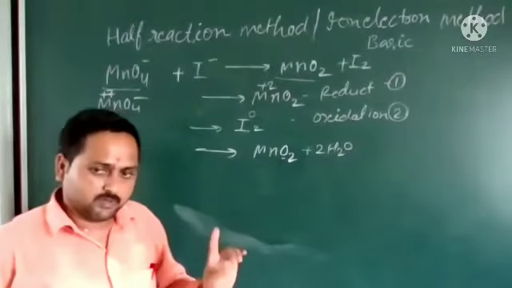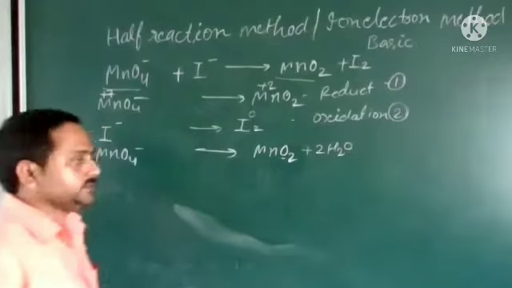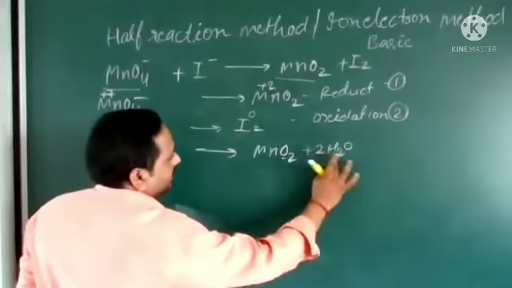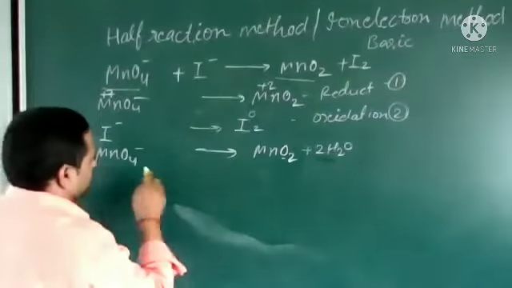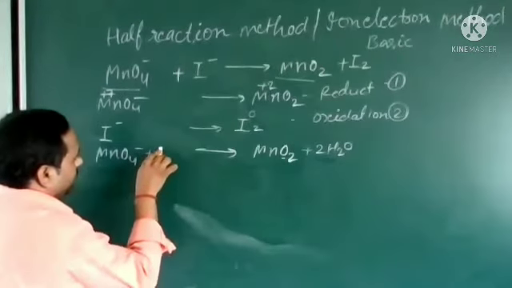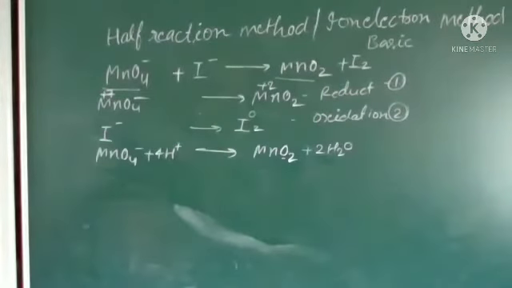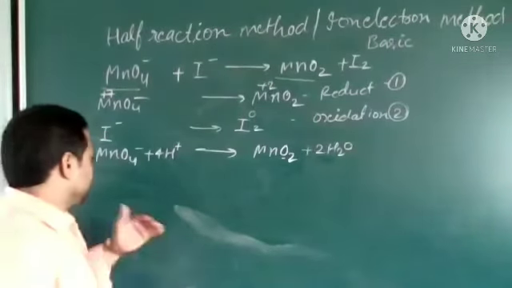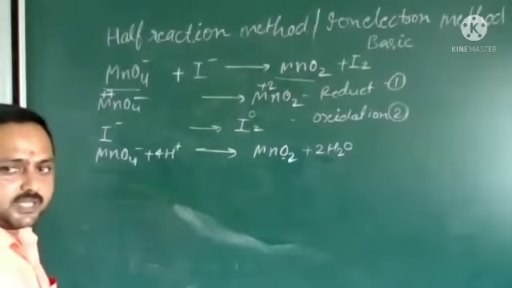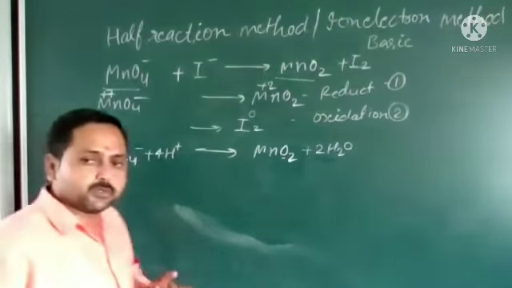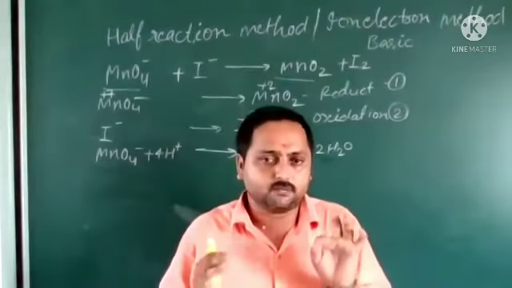Next we go to hydrogen. How many hydrogen are there? On the right side there are 4 hydrogen and on the left side none, so we add 4H plus on the left. Now we will balance the charge, and we have to use electrons because we are solving by the ion electron method.